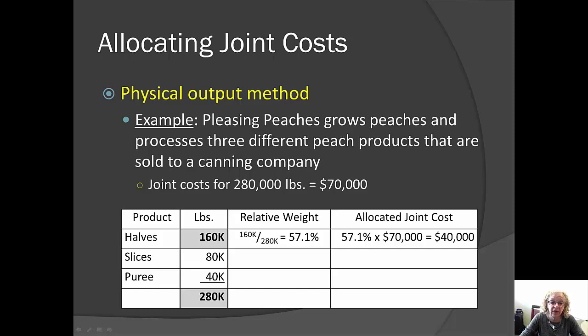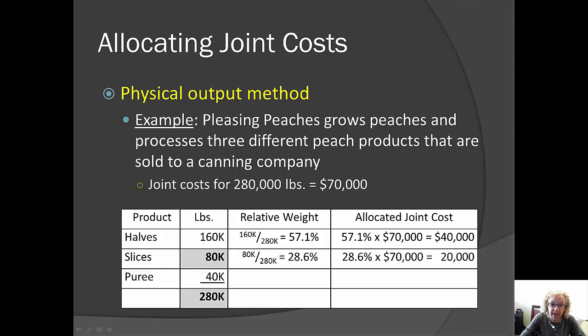That means that they represent 57.1% of all of the weight of our peach products. So they get 57.1% of the joint costs.